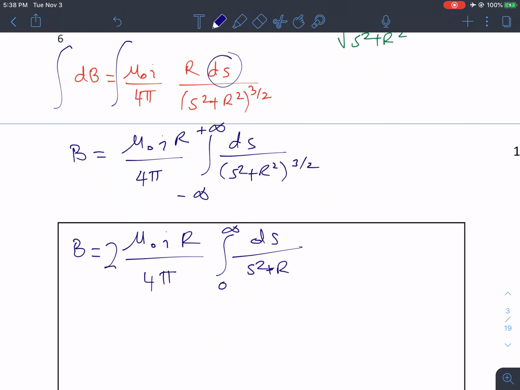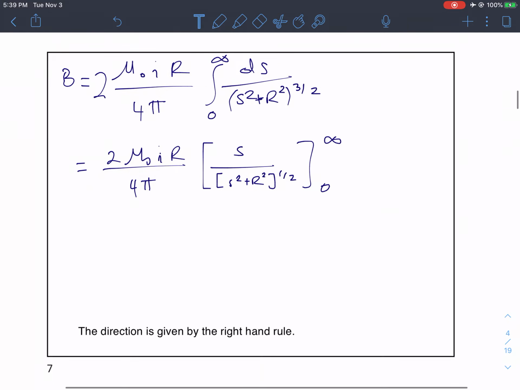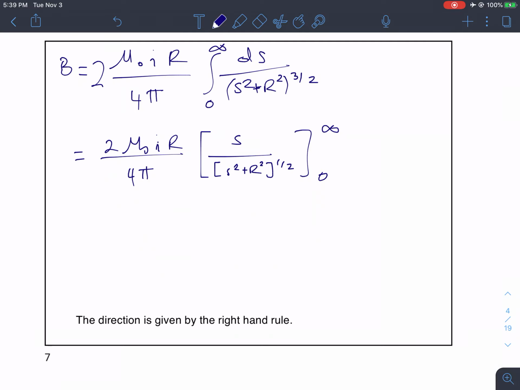So then I have still this, and this integral is something we've done a few times before. What we are getting here is 2 mu naught I R over 4 pi, and this integral gives us s over the root of s squared plus R squared, and again, this goes from 0 to infinity. We're almost there.